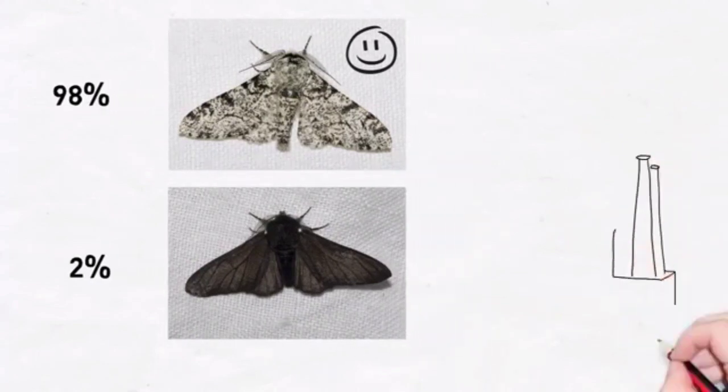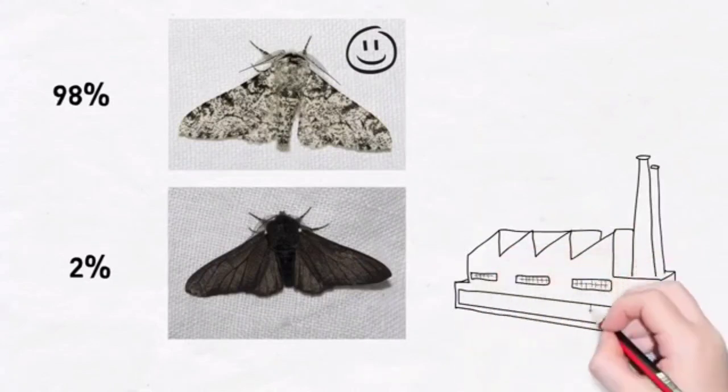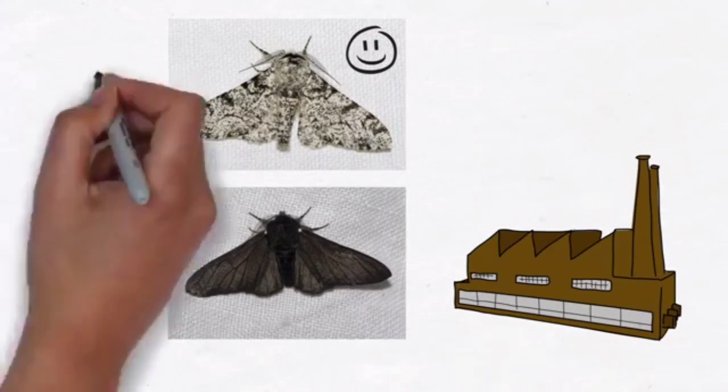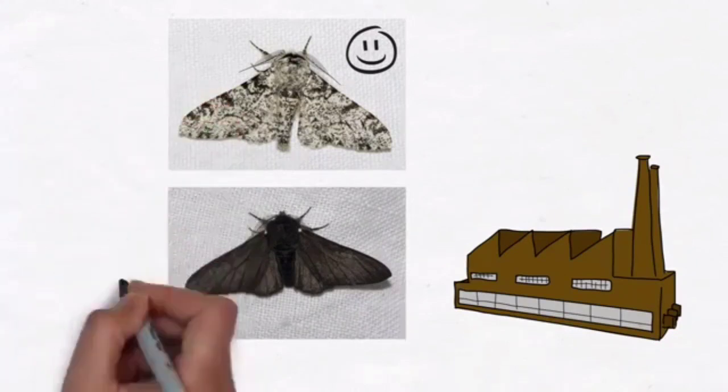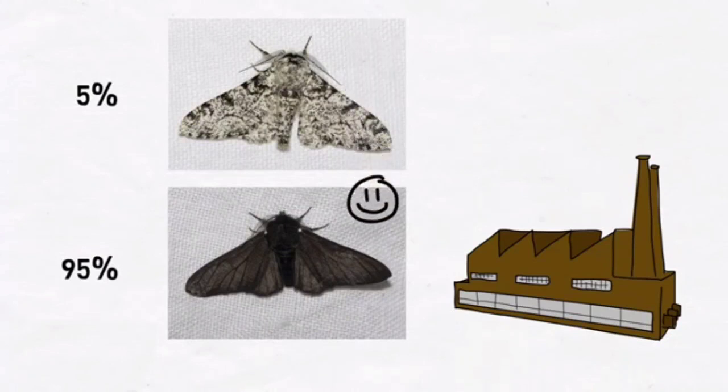Then came the factories and the smoke of the Industrial Revolution. Many trees turned black with soot, and suddenly it was the dark moths who were able to survive better in their environments. By 1895, the dark peppered moths made up 95% of the population. That's quite a turnaround. The process of natural selection usually takes much longer, but this is a good example of how it works.